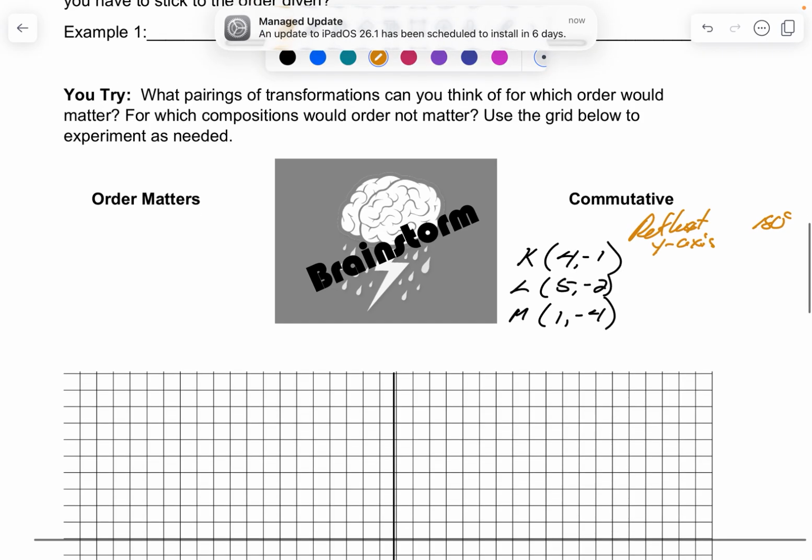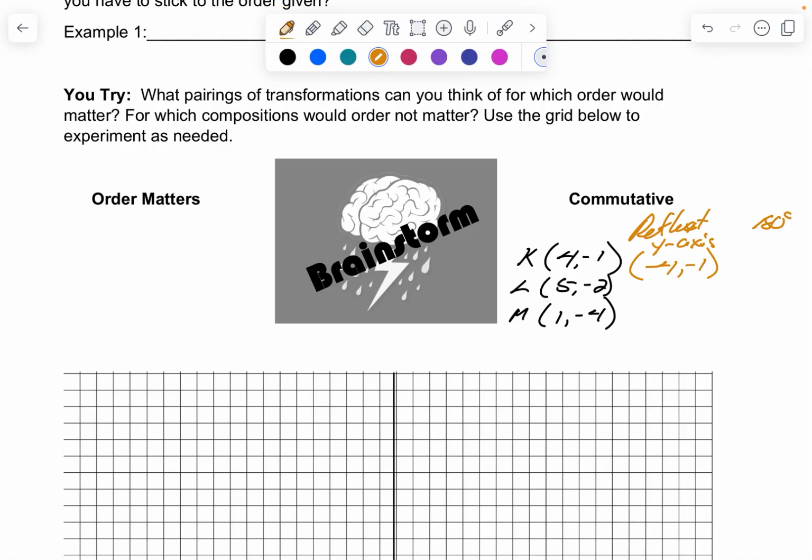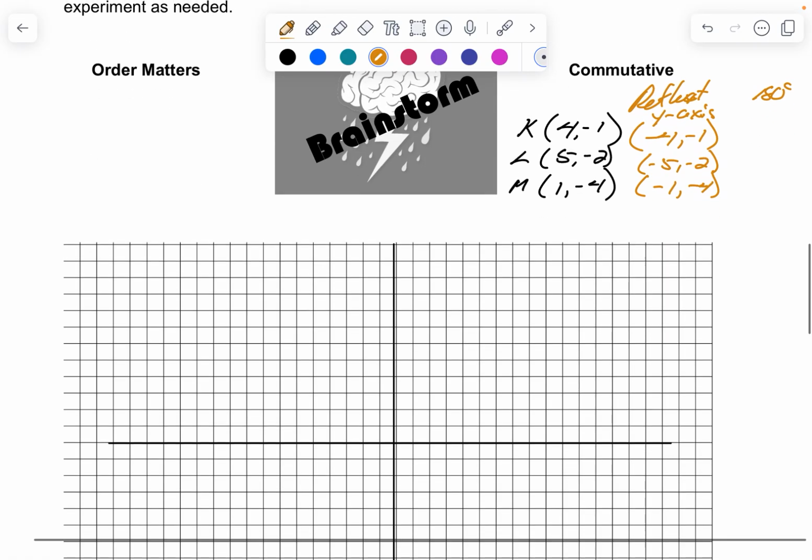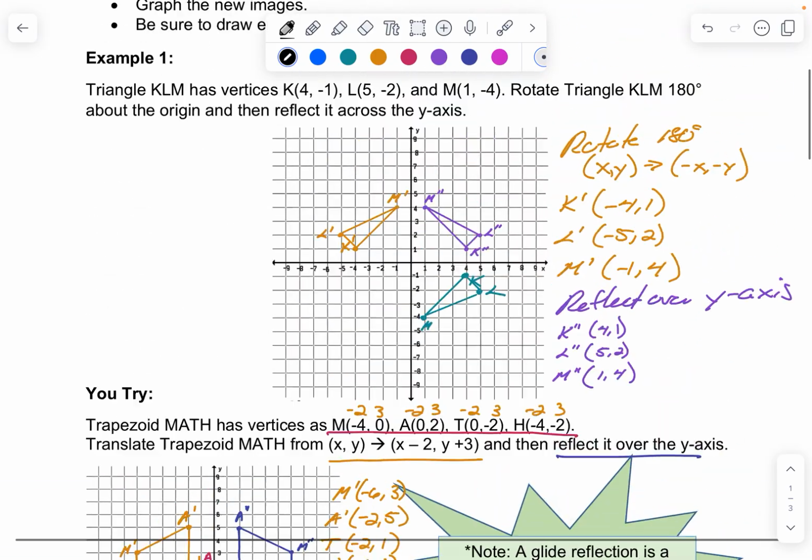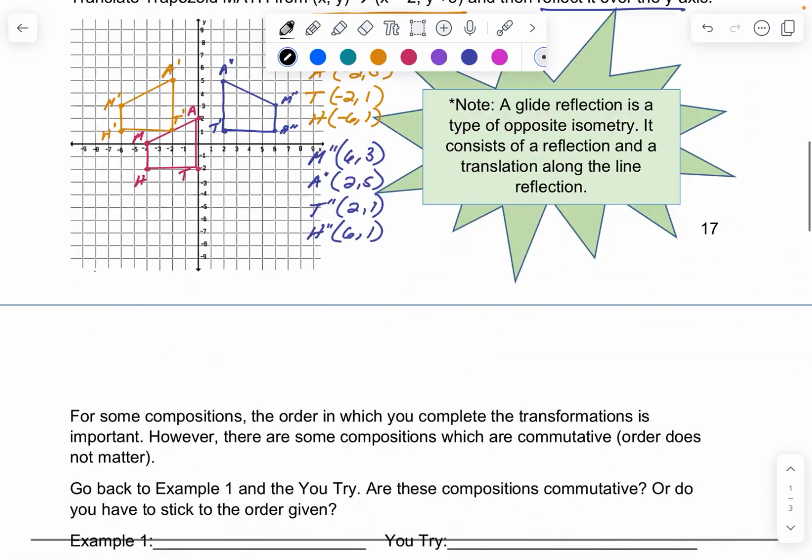All right, now when we reflect over the y-axis, that's going to give me (-4, -1), (-5, -2), (-1, -4). Let's just go ahead and we're going to draw these. So 1, 2, 3, 4, -1. There's my K. (-5, -2), L. Yeah, they were that close.